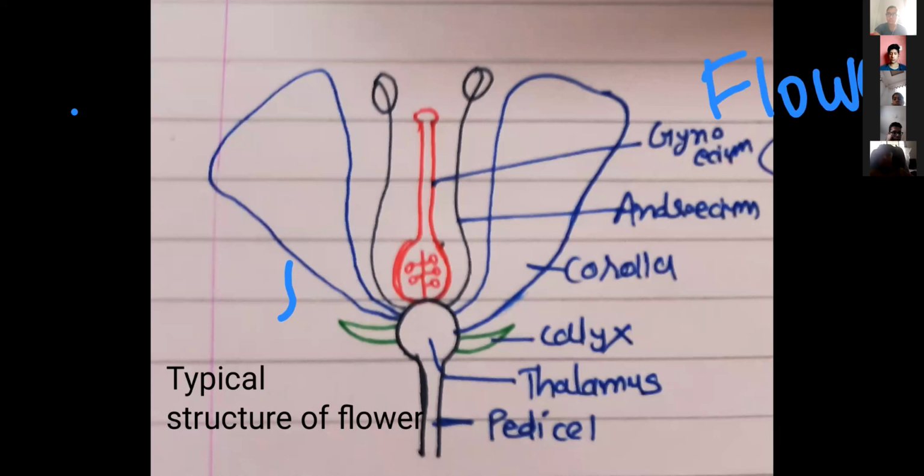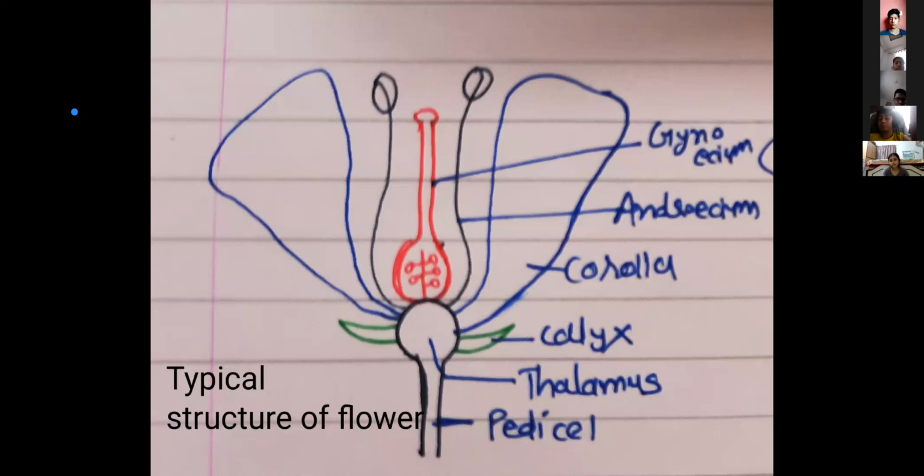Now, flowers are required in plants for what type of reproduction? You know that vegetative, sexual, asexual. Out of these three, for which one are these flowers required? Your answer?